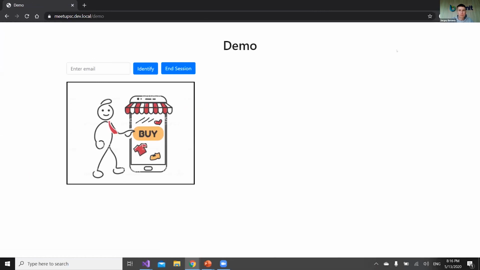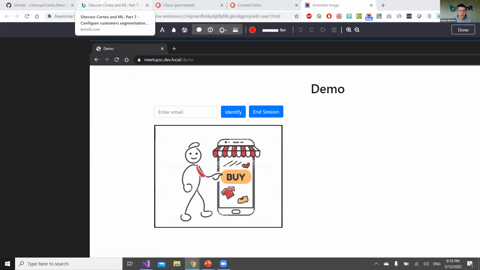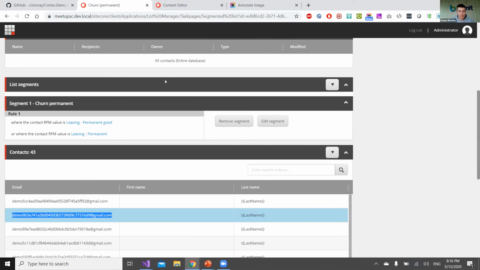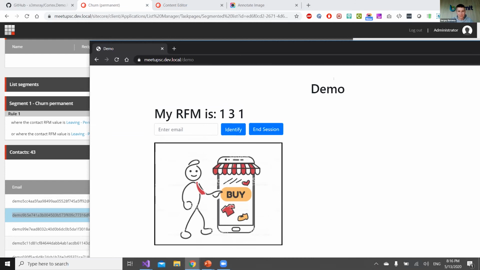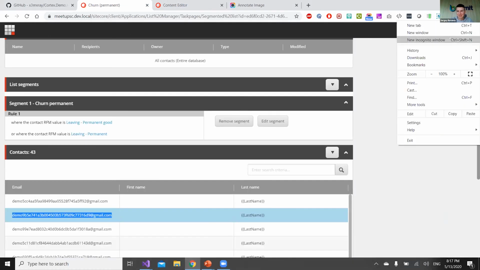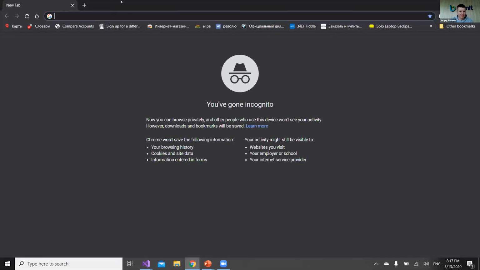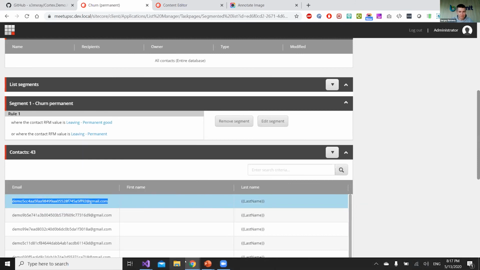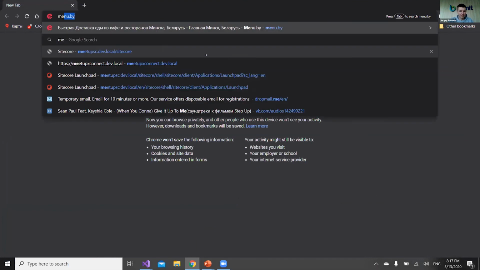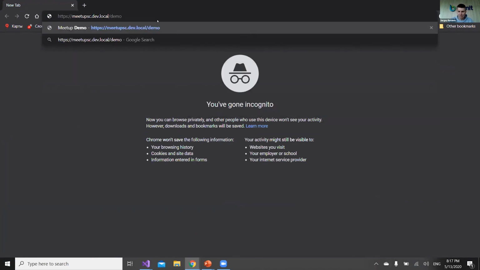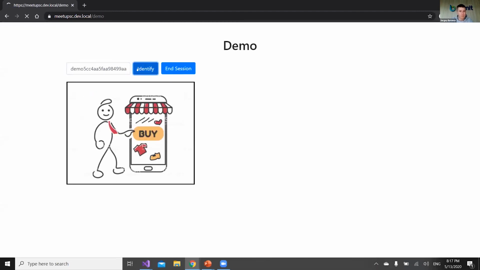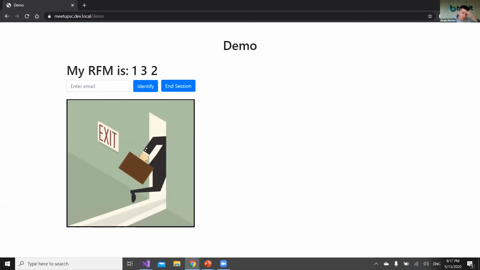It's a regular customer. As you can see, the image was changed because it's our churn customer on the personalization rule.